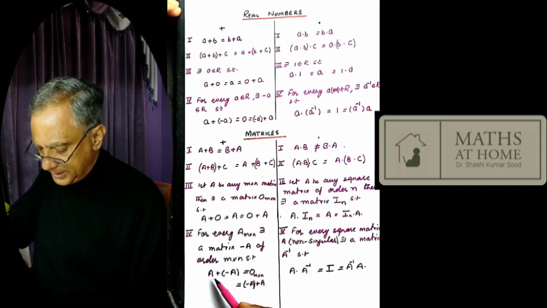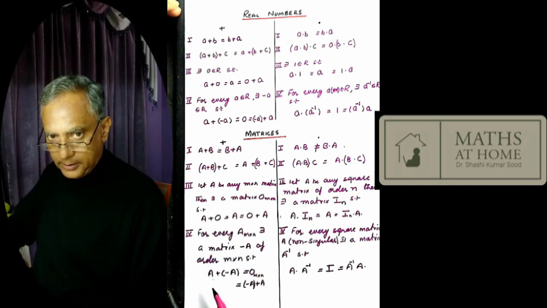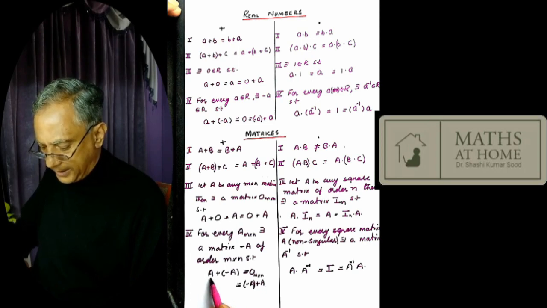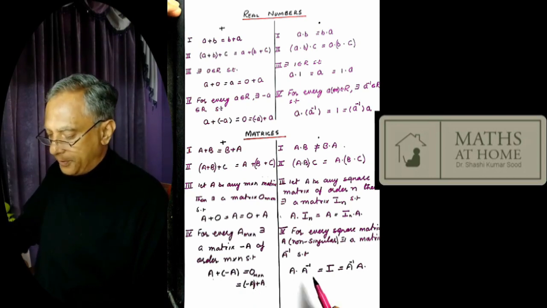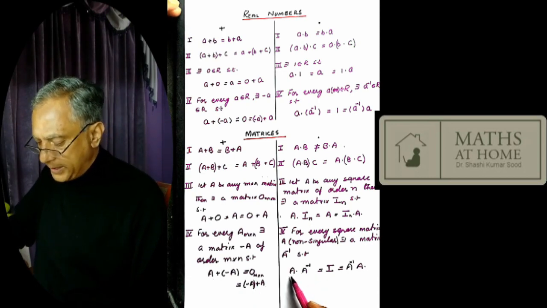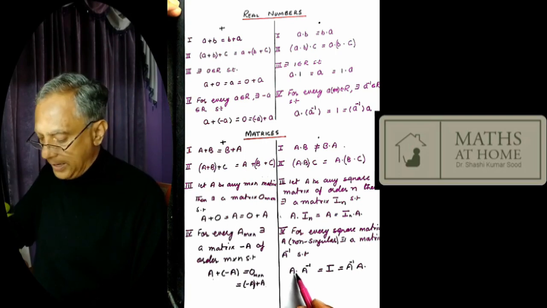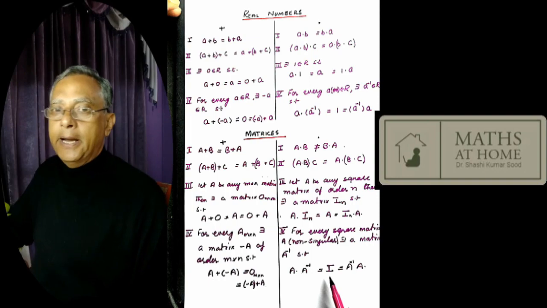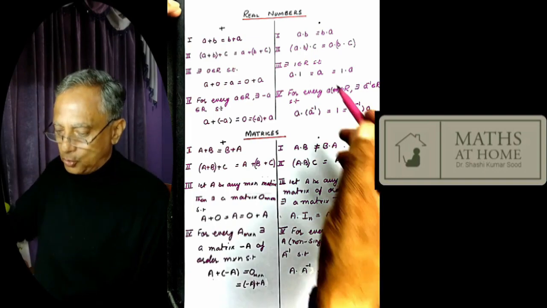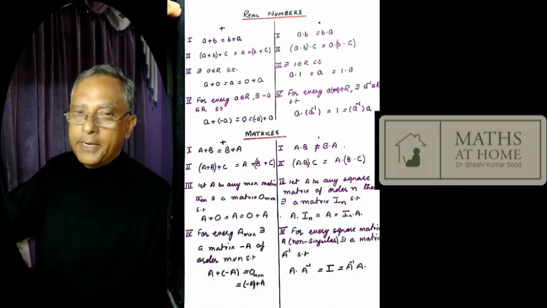If the operation is addition, then what is that matrix which when added to A gives us the additive identity? And if the operation is multiplication, what is that matrix which when multiplied with A gives us the multiplicative identity? So these are the fundamental properties.